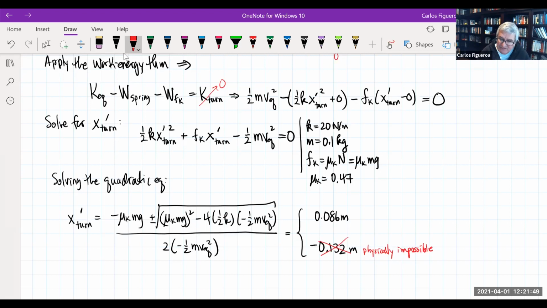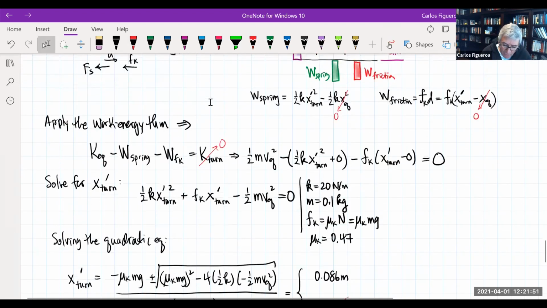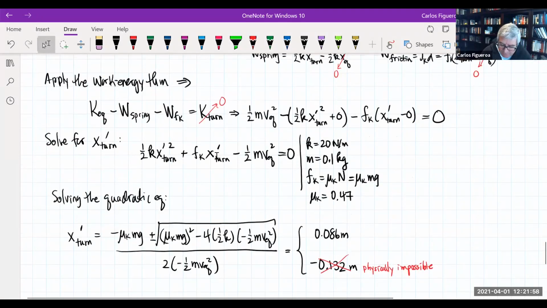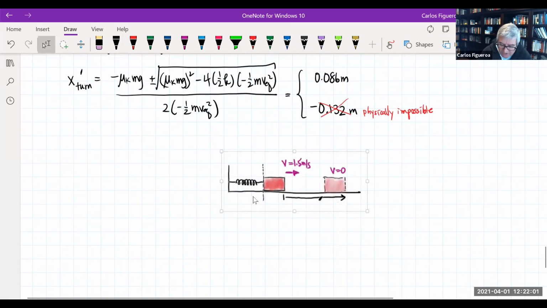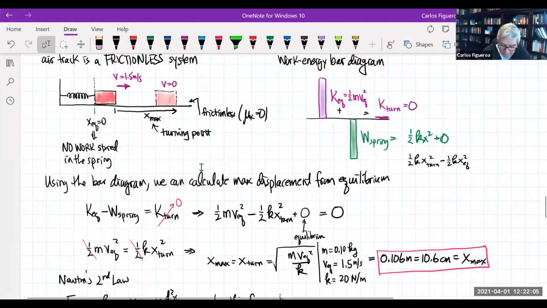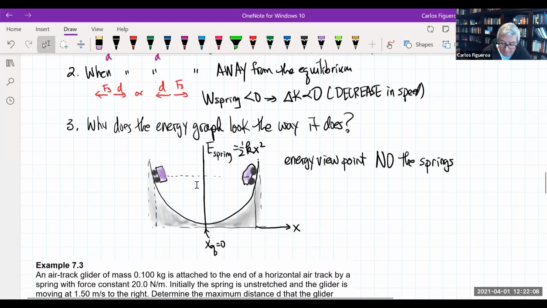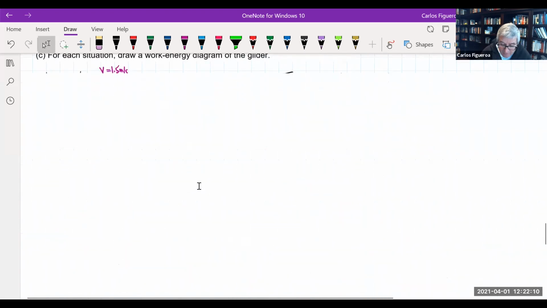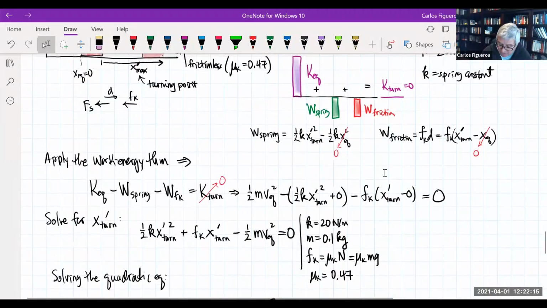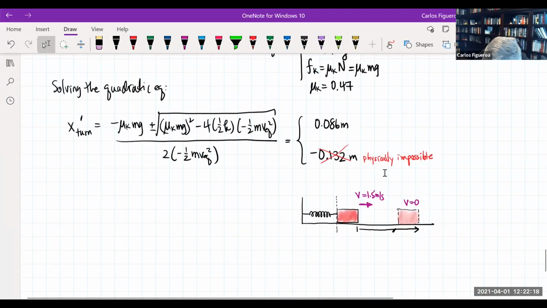So why is this physically impossible? Well, note that this is an oscillatory system, right? Here's my oscillation. This thing is oscillating about this point here.